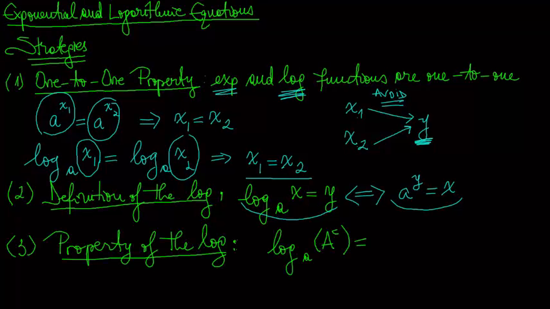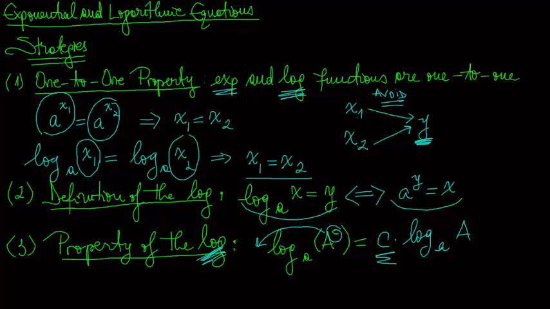Finally, the third strategy relies on the most important property of the log, namely that if you have the input of the log, say A raised to a power, say c, then what we can do is pull the c in front of the log, and we're just going to get c multiplied with log base a of capital A. So in essence, again, this is why we love the logarithmic function so much, we can pull the power from the input in front of the log.